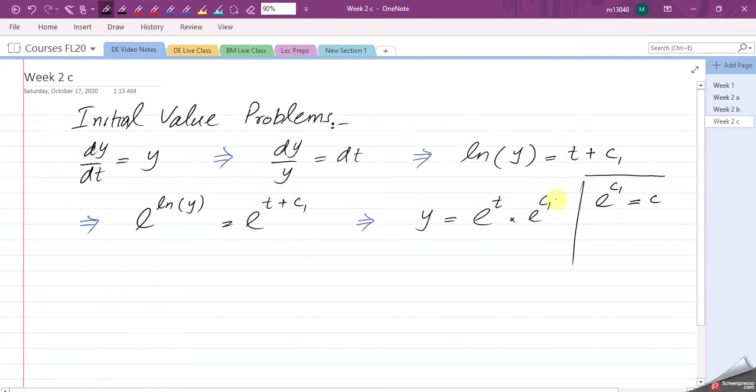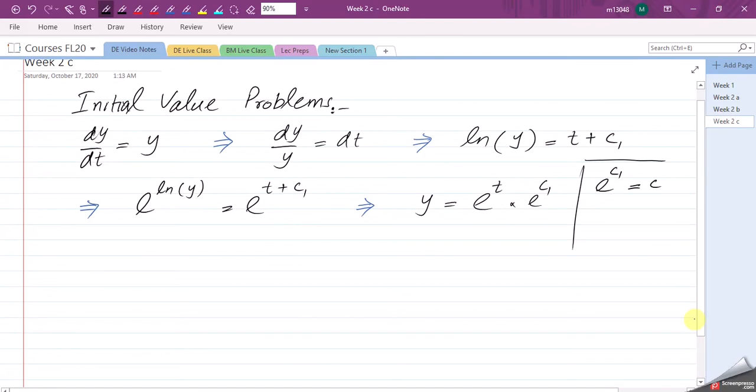We don't know what this constant is for now. So we will represent this one with C. It will not change our solution. Right. So our solution becomes y equals C e raised power t.